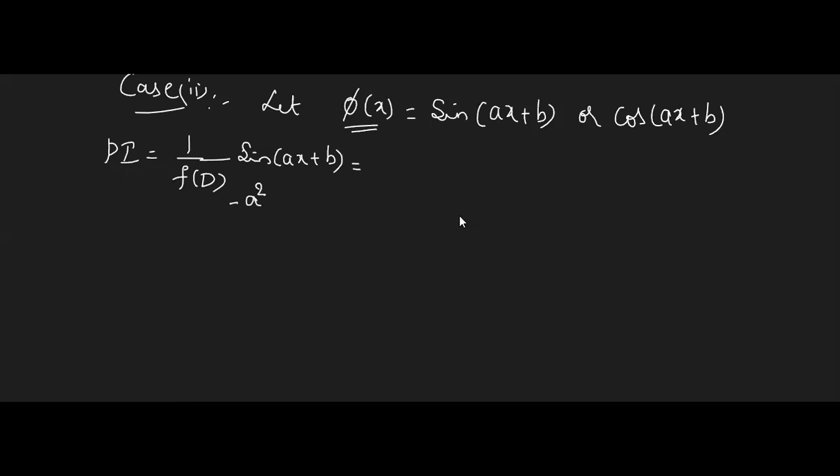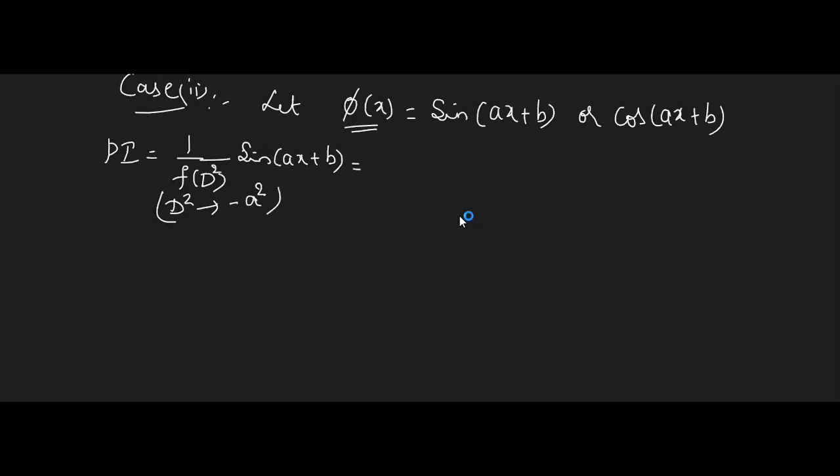Be clear with this. Now, what we did in exponential is we replaced d by a. Here you have to replace d square by minus a square. Got it? d square by minus a square. So suppose I have a function of d square.